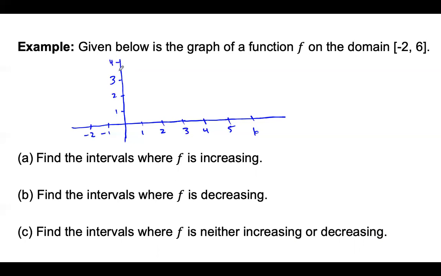Here's 4. So let's say we have a function that goes from -2, or no, let's say 1 to 3, drops down, something like this.